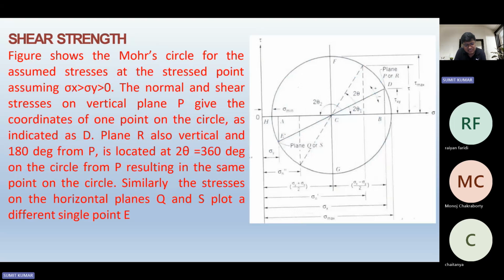Similarly, the stresses on the horizontal planes Q and S are at a different angle, giving a different single point E.